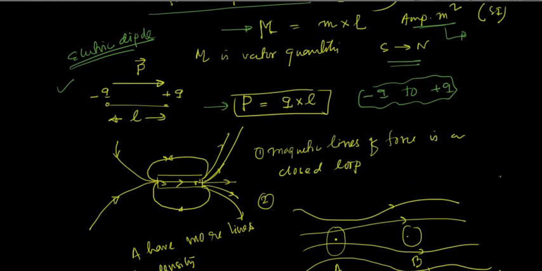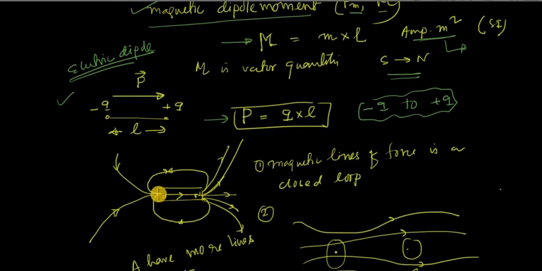Since we placed a bar magnet, it has a north pole and a south pole. From the north pole we already have the concept that magnetic lines come out and end at the south pole. But inside the material the lines of force come from the south pole and end at the north pole.